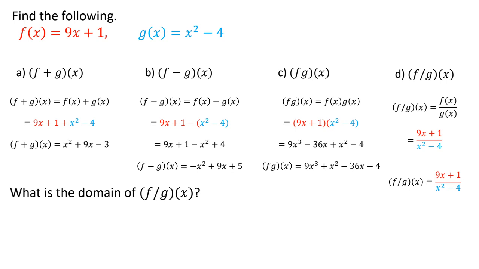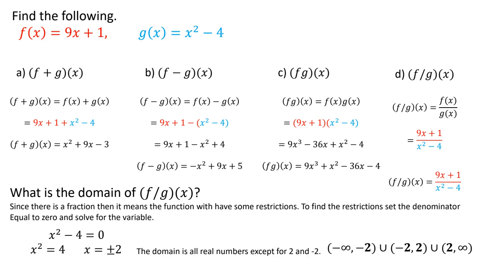And if we have a value for it, then now it's going to be our restriction or our domain, right? So here, our denominator is x squared minus 4. We don't want this to be 0, so let's see if it gives a 0. So we set it equal to 0, and we see that we can.